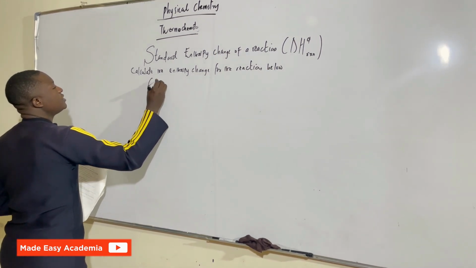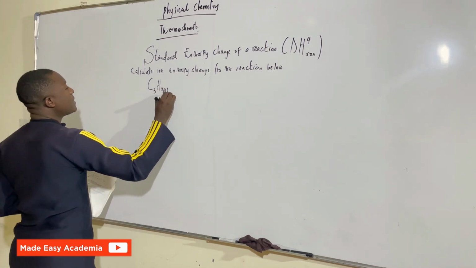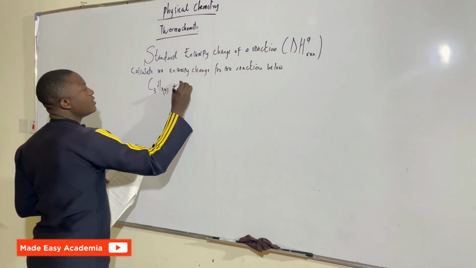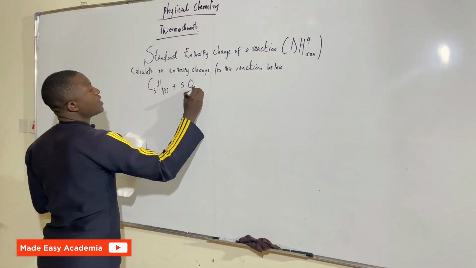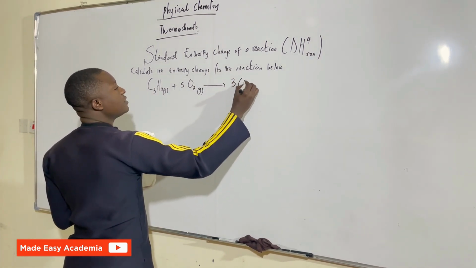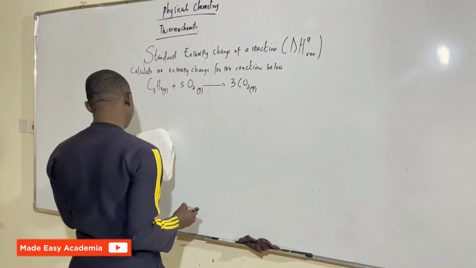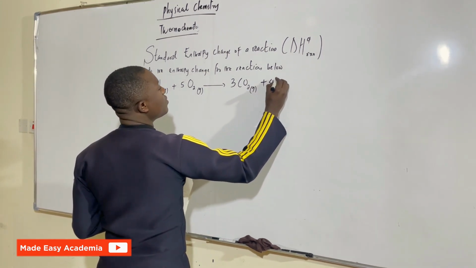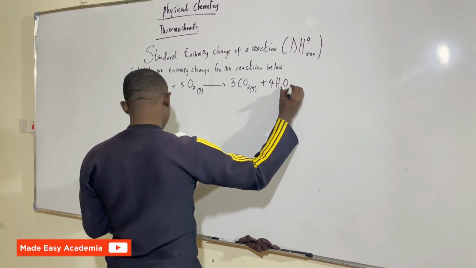So we have C3H8 plus 5 O2 gas to give 3 CO2 gas plus 4 H2O, which is liquid.